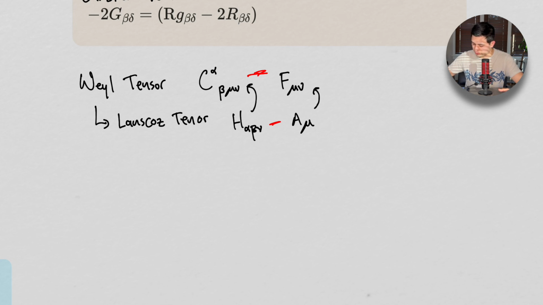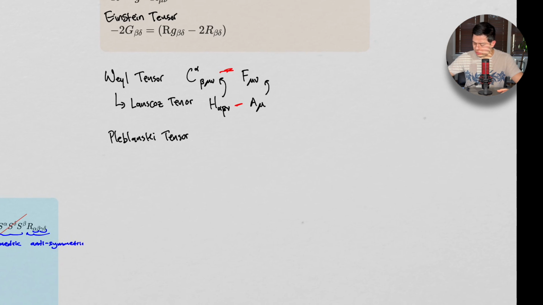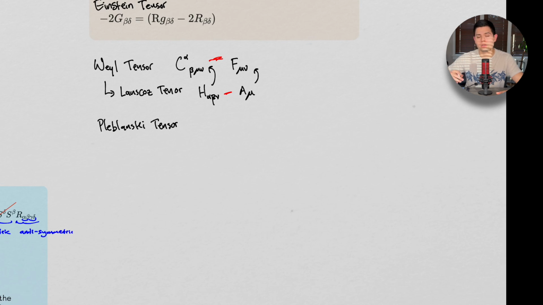Okay. And so we have the Weyl tensor, Lanczos tensor, and there's Blavatsky tensor also. A lot of these are very esoteric tensors, and we're not going to get too much into these. These are probably going to be something I'm going to put more in my tensor calculus playlist. But nonetheless, these tensors are super important.